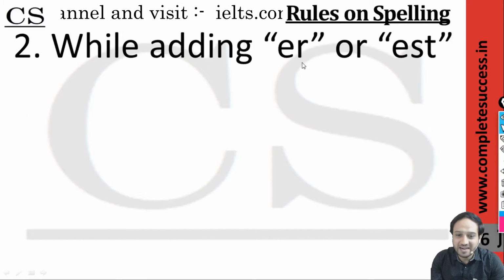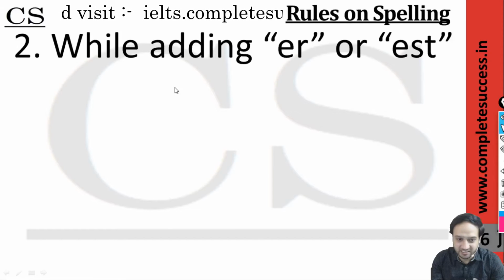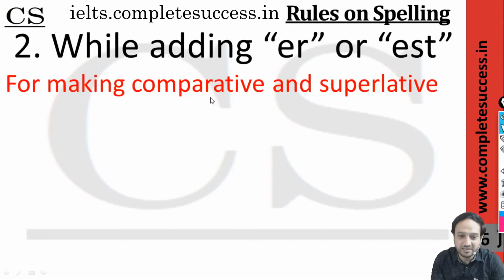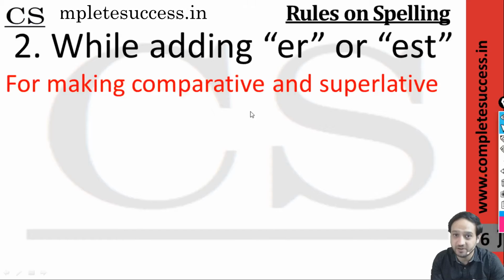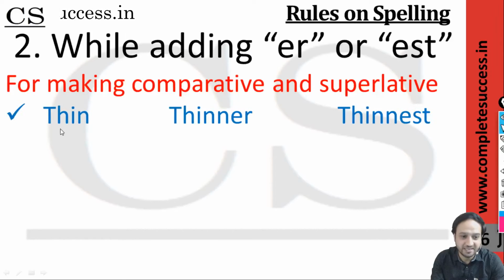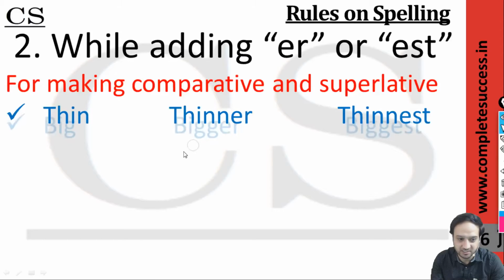Next, while adding er or est, for example, for making comparative and superlative degrees of adjectives like thin, this is the consonant and before this consonant there is vowel I. So when we convert it into thinner or thinnest, we double the last consonant. So thin, thinner, thinnest.